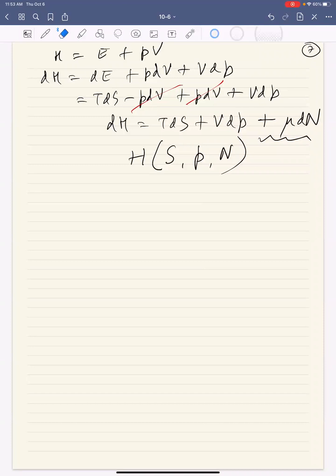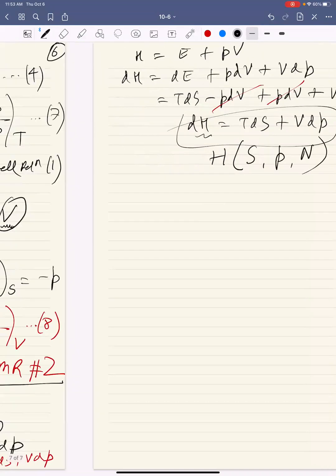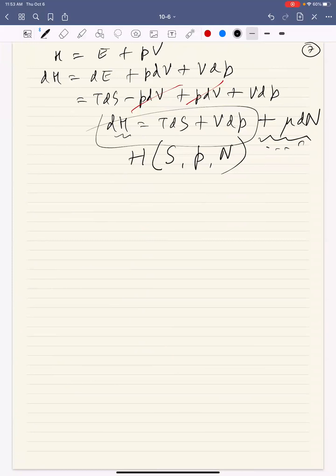So we have dH. Now we can do two types of things, right? First, we can talk about just the partial derivatives. Let's call this equation number 9.